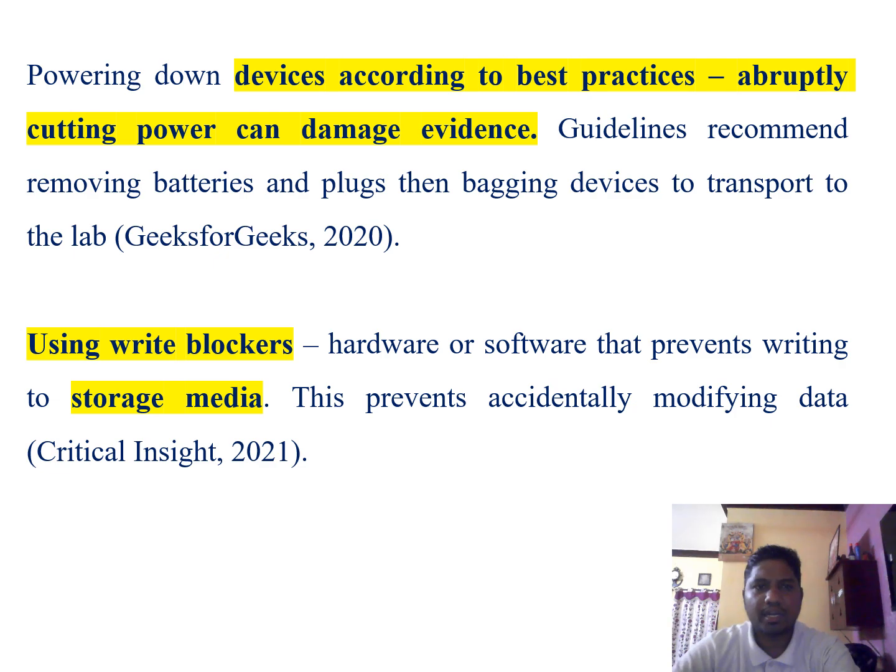Guidelines recommend removing the batteries, unplugging and placing devices in transport to the lab. Use write blockers, hardware or software that prevent writing to storage media. This prevents accidentally modifying the data.